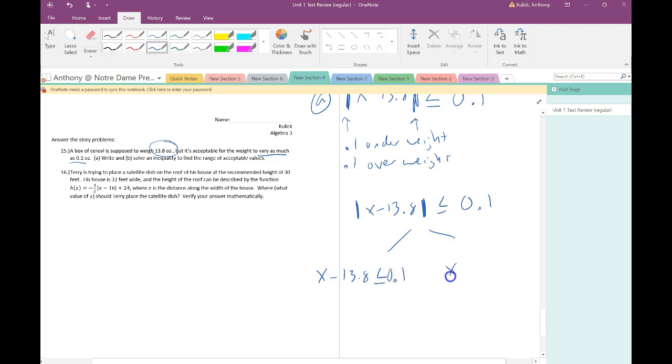The first piece just stays the same. The second piece, I make the right-hand side negative, and when I do that, I have to remember to flip the inequality symbol. And then I can just solve like normal. So add 13.8 to both sides.